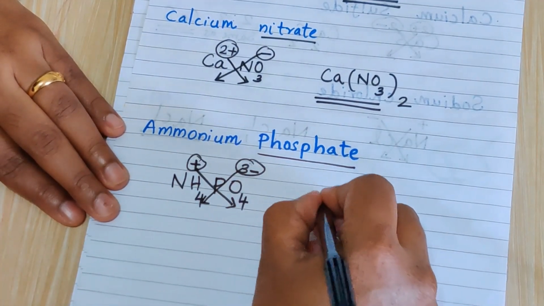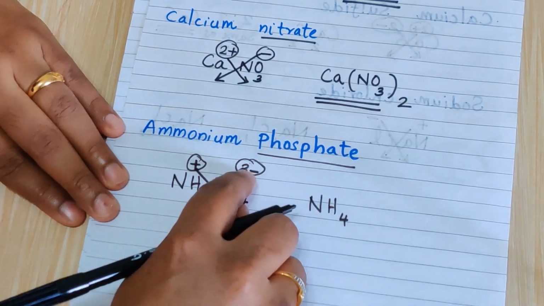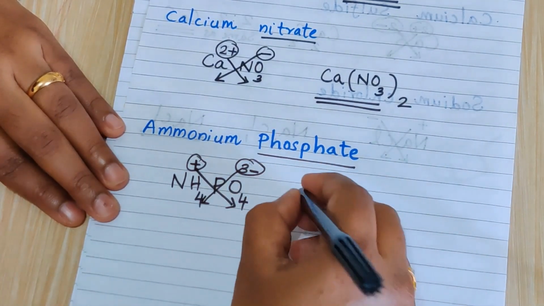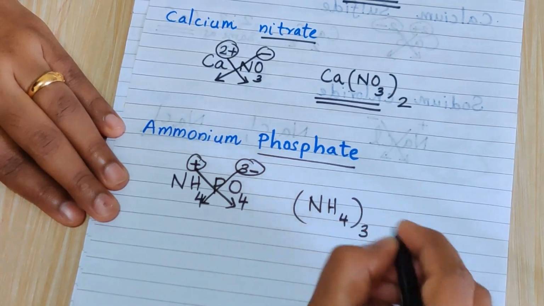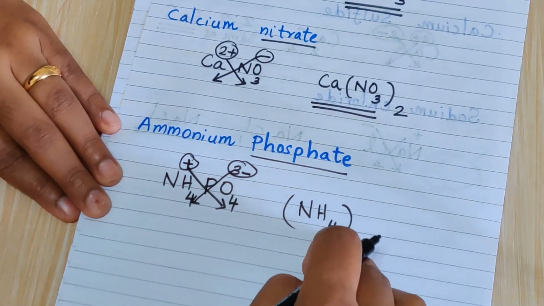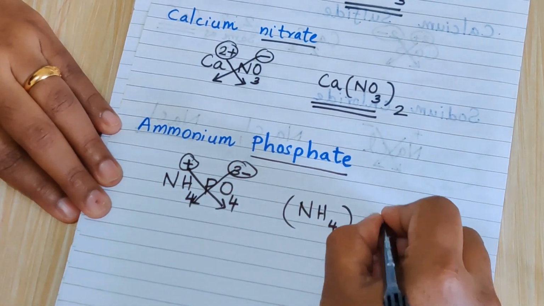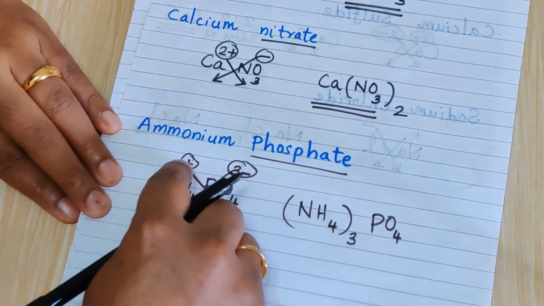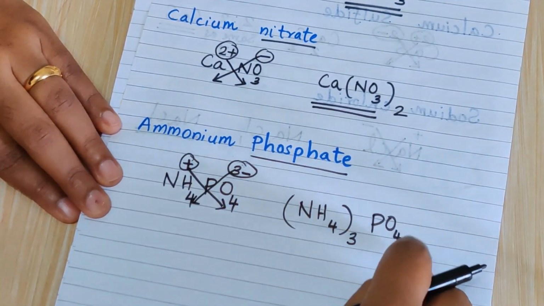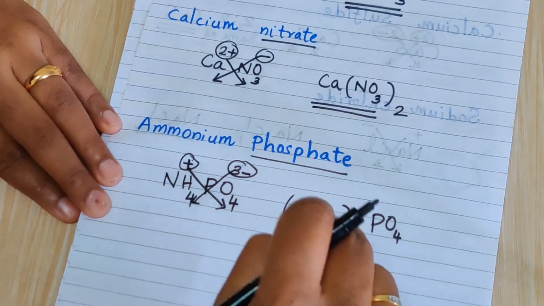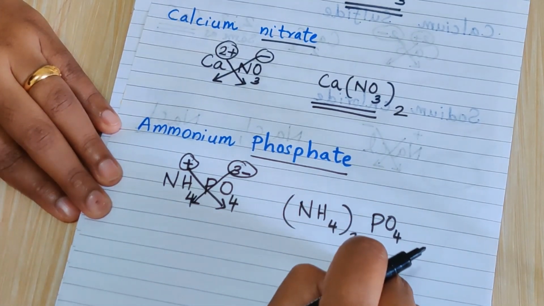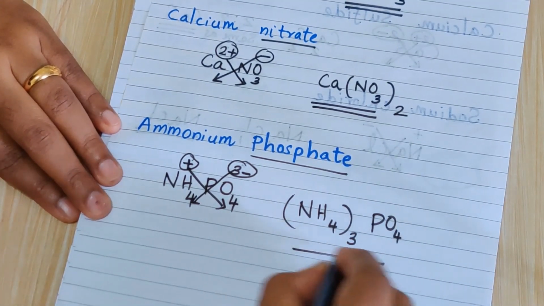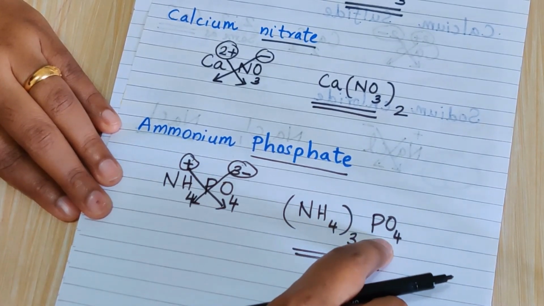Now we have NH4. Okay, it carries the valency 3. So we have to put a bracket and write 3. Then write PO4. No need for any bracket because 1 is here. So no need to write the 1. Now the chemical formula of ammonium phosphate is (NH4)3PO4.